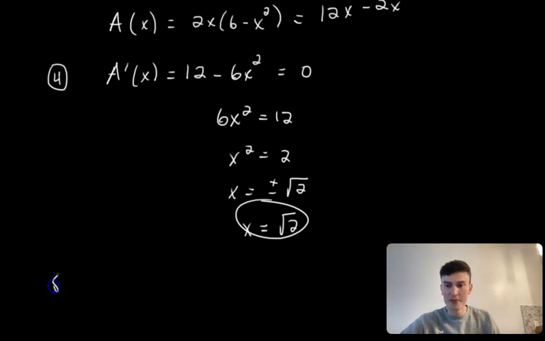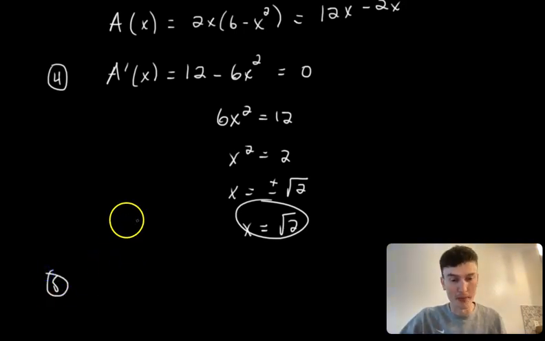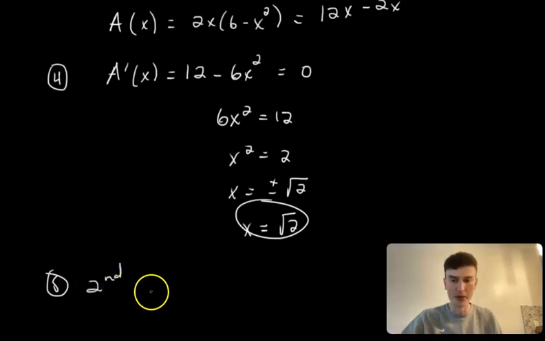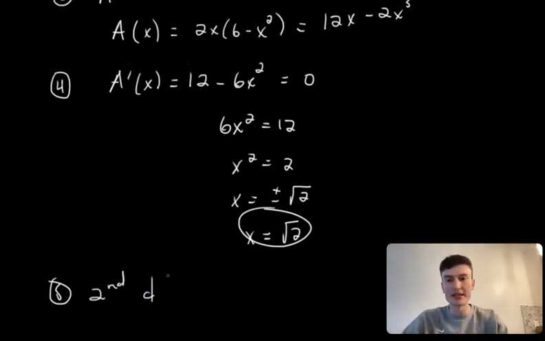So then step 5 is we want to see if it's a local max or local min by using the second derivative test. You can do the first one if you want, but we're going to use the second because, I'll tell you exactly why. Because you want to use the second derivative test if it would be easy to compute the second derivative. In this case, our first derivative is just 12 minus 6x squared.